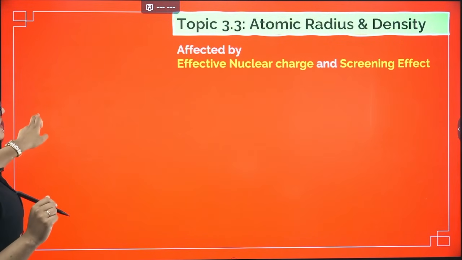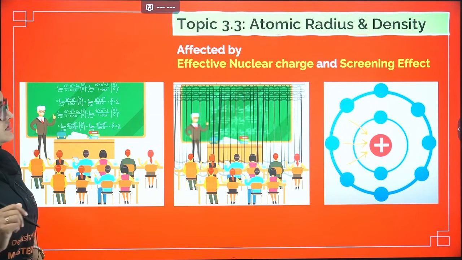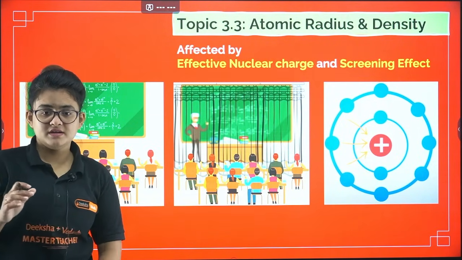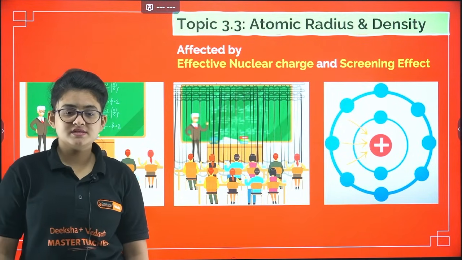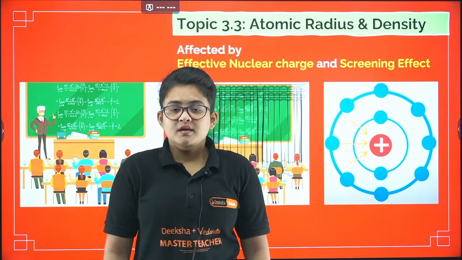Let's proceed. Atomic radius and density basically depend upon the screening effect. It gets affected by the effective nuclear charge. Let me tell you what happens.